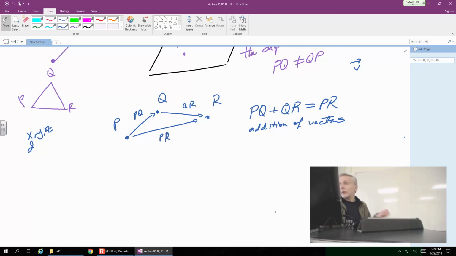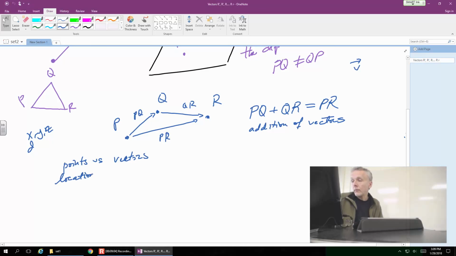Also points. So location points versus vectors, understood through locations versus displacements. So they are two different objects of different nature.